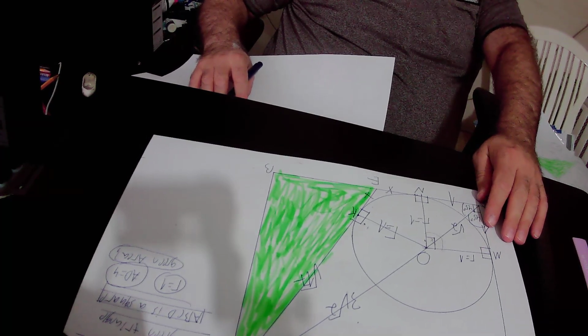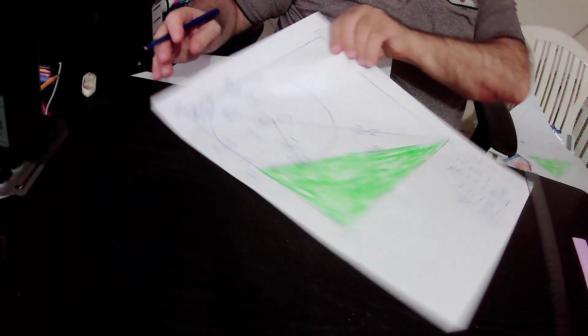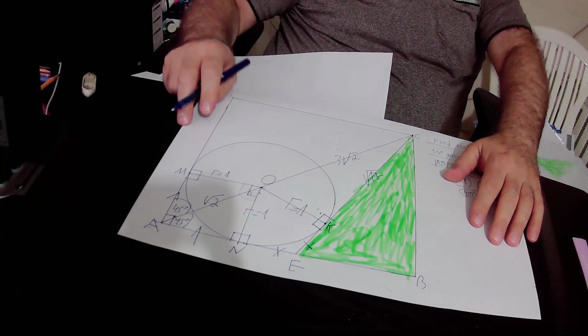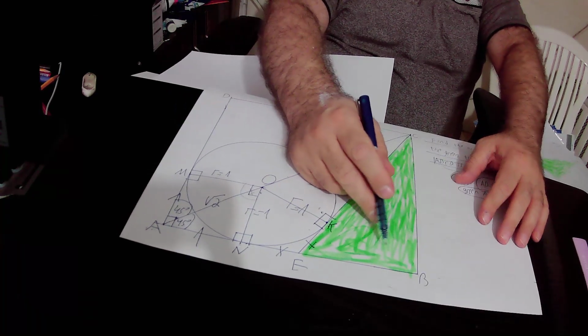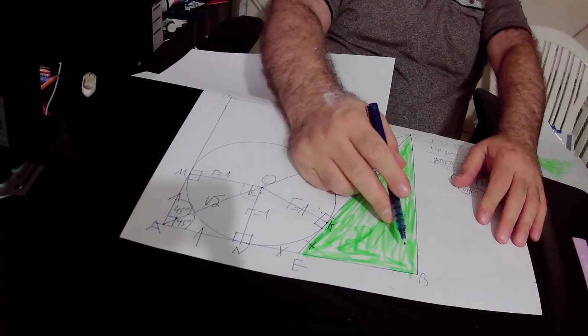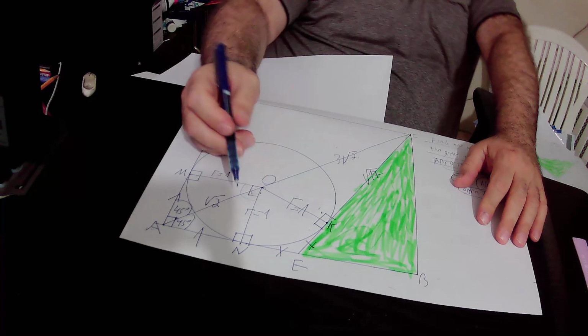In the next step, we will find out the length of EB. What is the length of line segment EB or side EB?